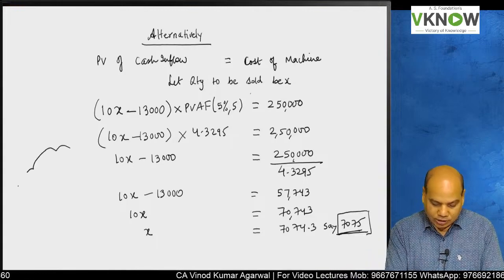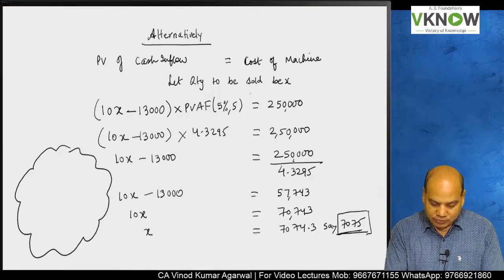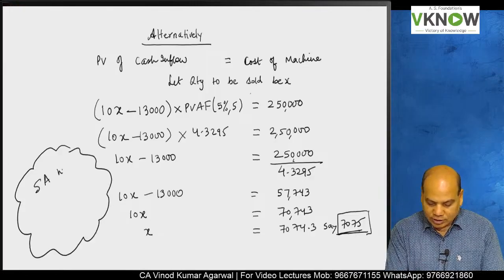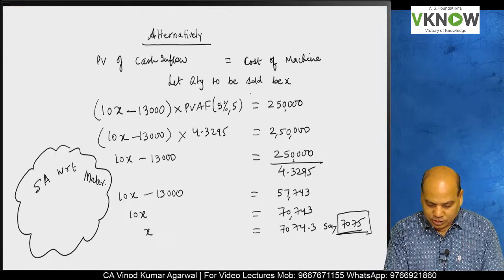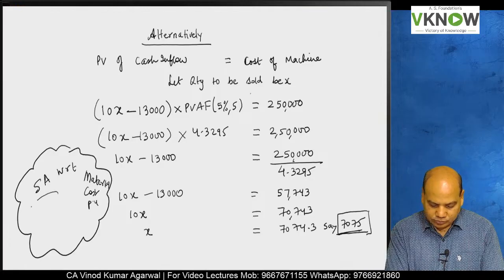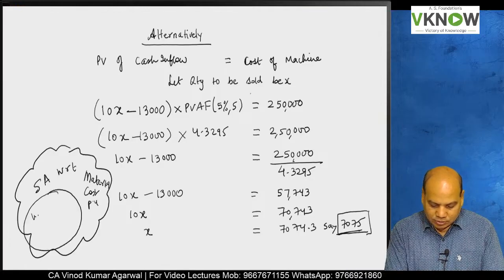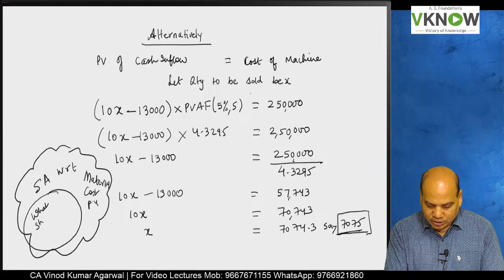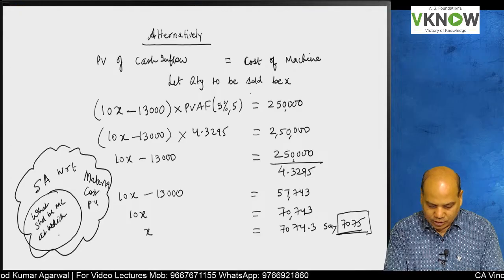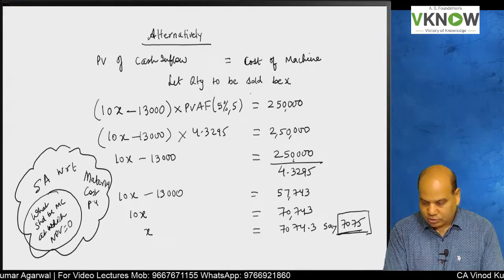My learned student will now try sensitivity analysis with respect to material cost per unit, which means what should be material cost at which NPV will be equal to 0.